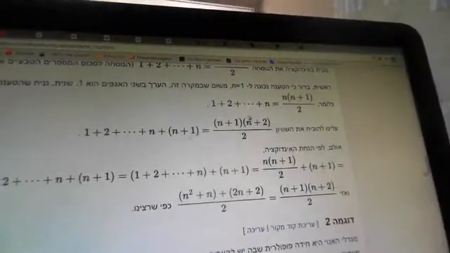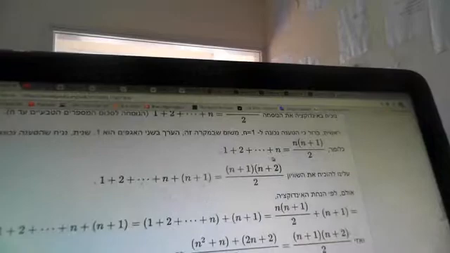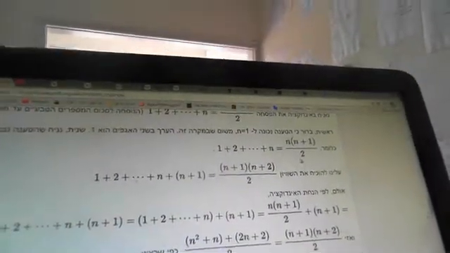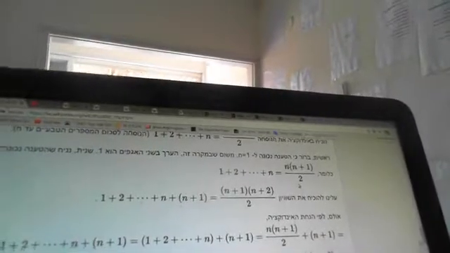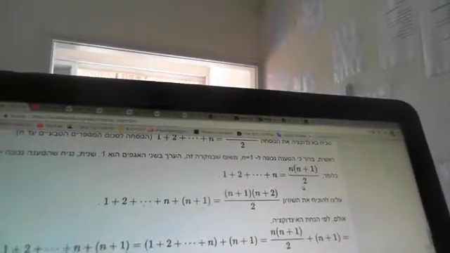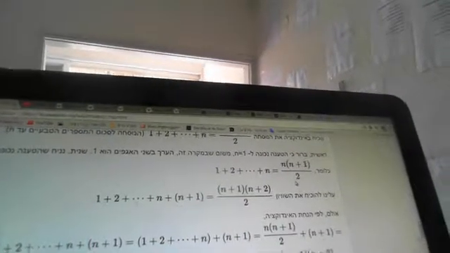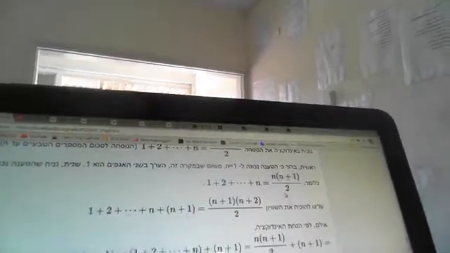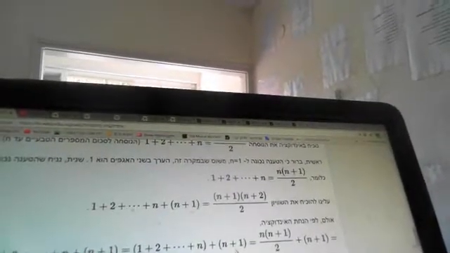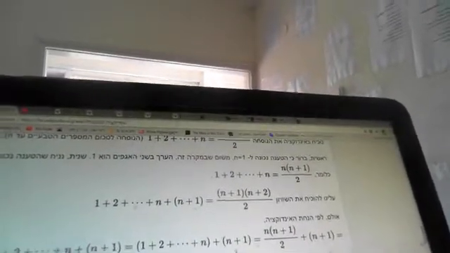The left side of equation 1 equals the right side of equation 1, and all we did is replace the left side of the equation with the right side of the equation. Okay, and what we are left with is n plus 1.